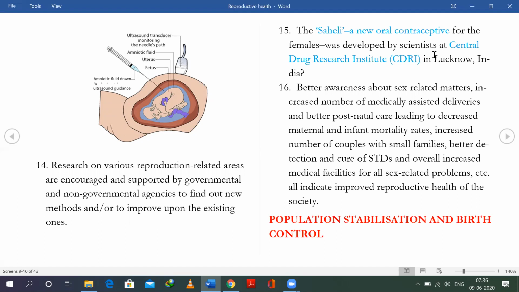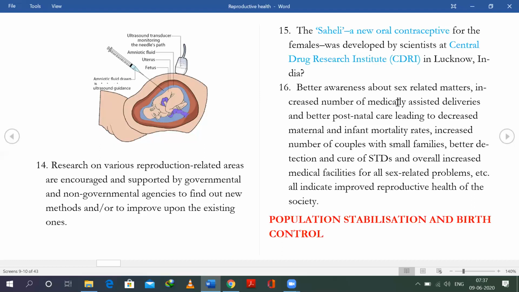So to sum up what we have seen in the previous lesson, we have now created awareness about sex related matters. By creating awareness, an increased number of medically assisted deliveries can happen, that is, institutional deliveries, and better postnatal care.